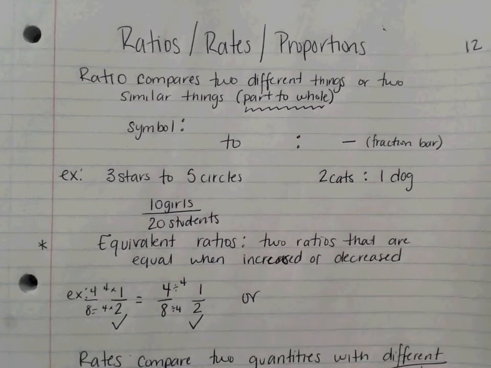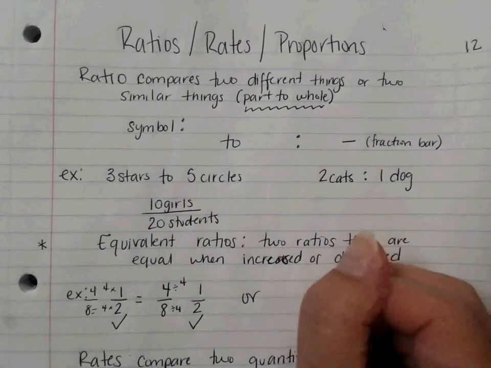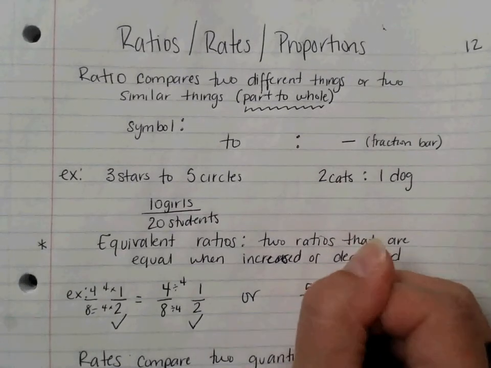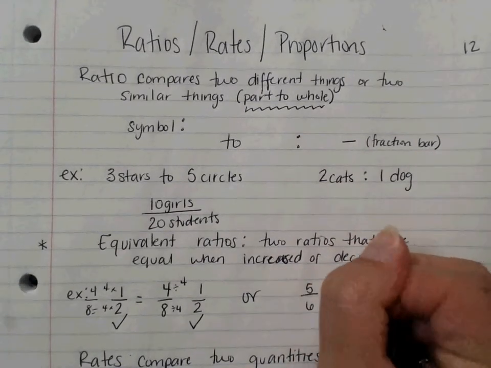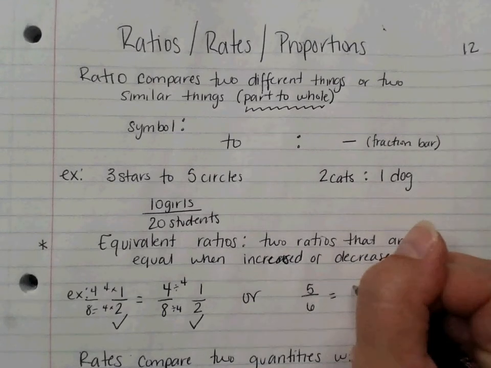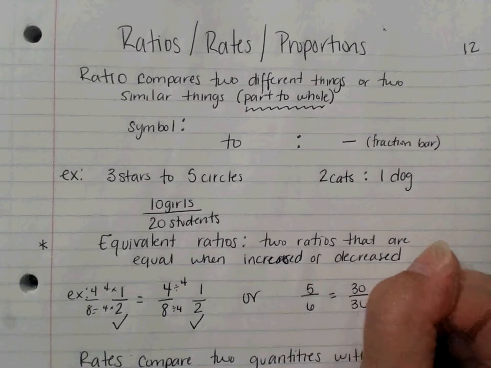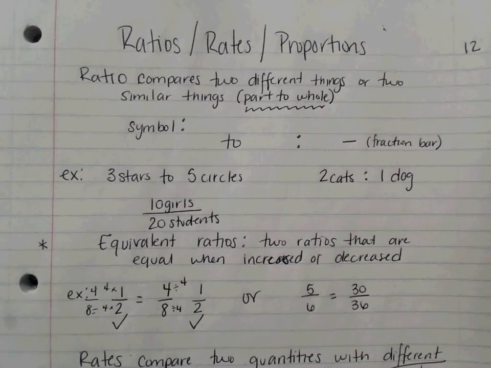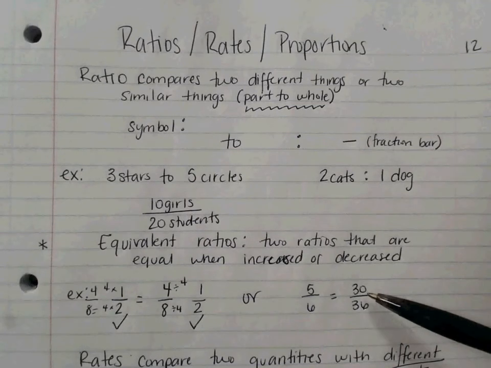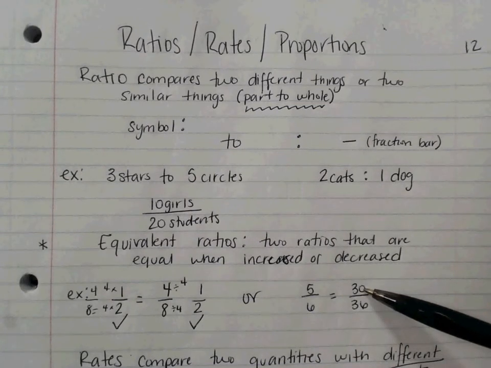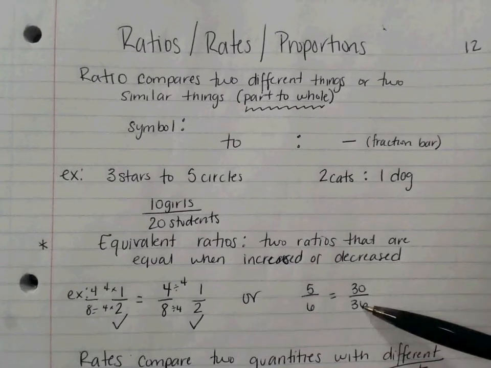Or, like I said earlier, you can cross multiply. So if I have something like 5/6 equals, let's say, 30/36, you could simplify this and say, oh, well, if I divide by 5, I get 6, but I can't divide this by 5.